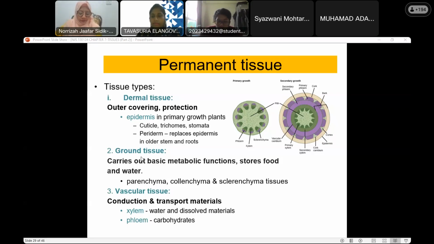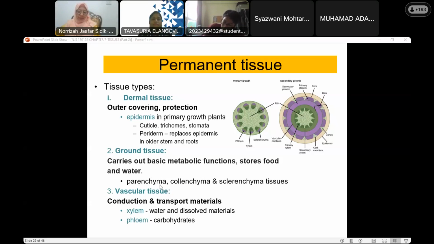Okay, and then we go to the ground tissues. They carry out basic metabolic functions and store food and water. Ground tissues form the bulk of the plant body, responsible for photosynthesis, storage, and support. We can divide them into three: parenchyma, collenchyma, and sclerenchyma tissues. The parenchyma also has different shapes and sizes.